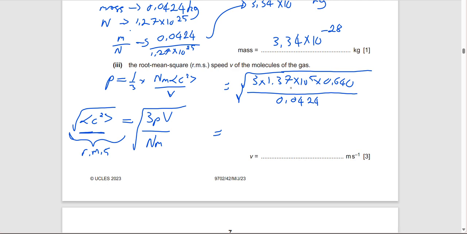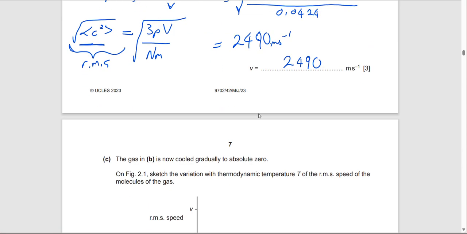You don't usually consider the constant, because if it's a constant, then its accuracy is to infinity, because it's 3.00000. So it's fine. You usually consider the other data that you have. So you get 2,490 meters per second. Sorry, excuse me.